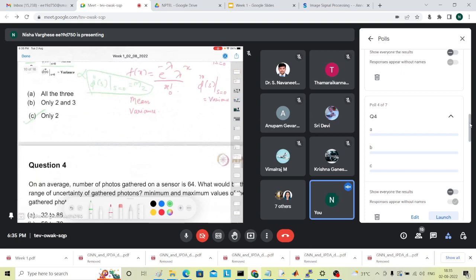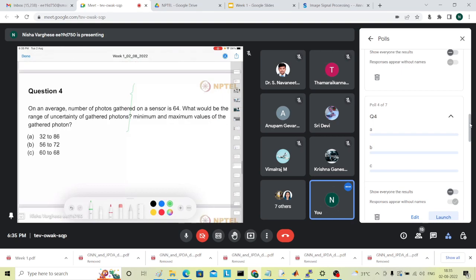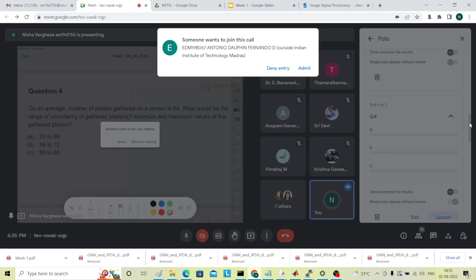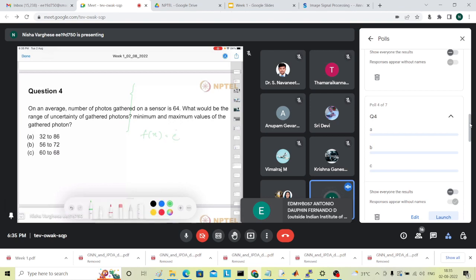Then we'll go to the next question, question 4. This portion is already covered. The Poisson distribution is e raised to minus lambda, lambda raised to x by x factorial. In the videos, it was already discussed that the uncertainty of the arriving photons is the mean plus or minus the standard deviation.